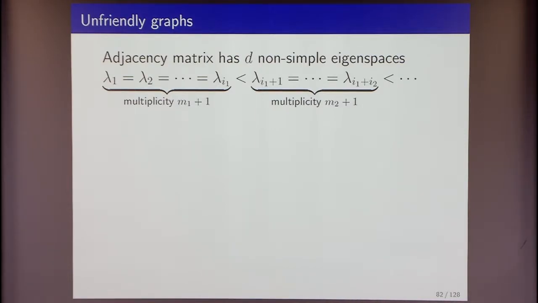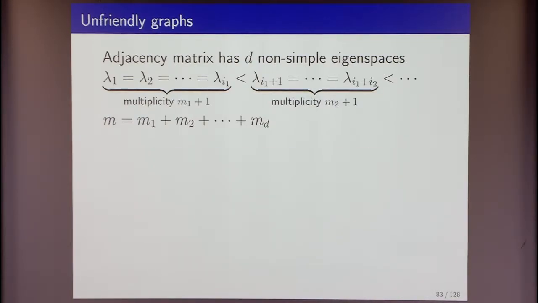So these m1, m2, and up to md will be counting how non-simple each of the eigenspaces is. So if mi equals 0, it means that I have a simple eigenspace. And I will sum them into some constant m. So it measures how non-simple my graph is.